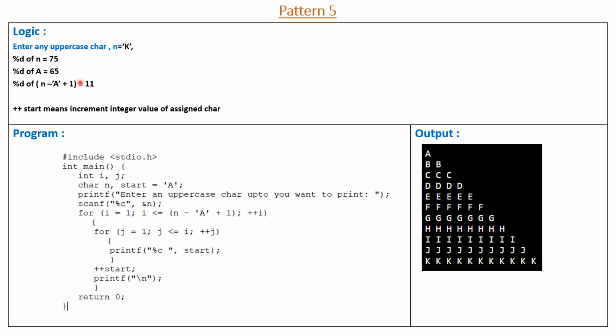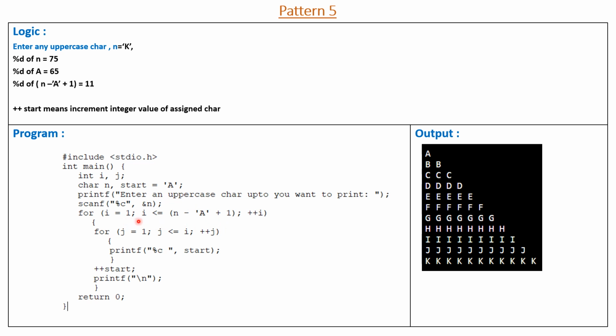So we have to print the number of rows n minus A plus 1. 75 minus 65 gets 10, plus 1 equals 11 times. So we have to use the row counter up to 11. See this program.